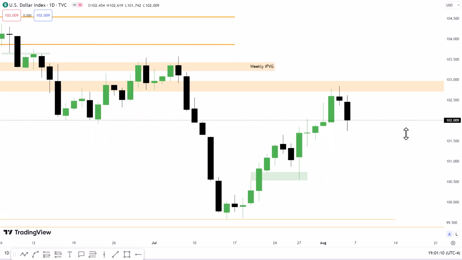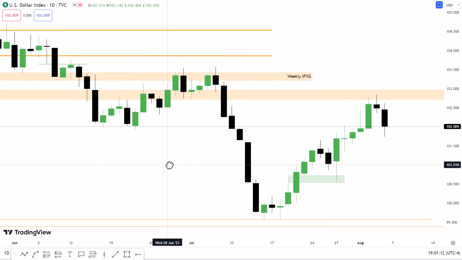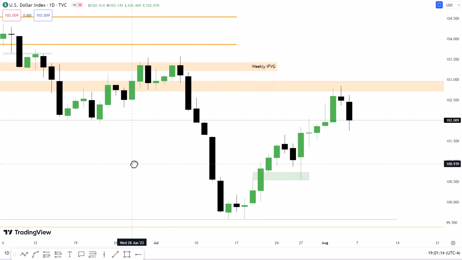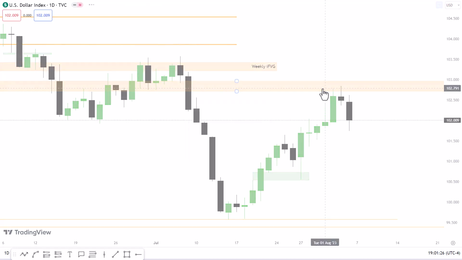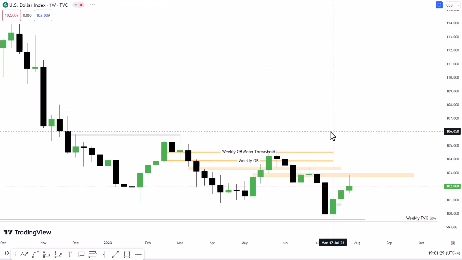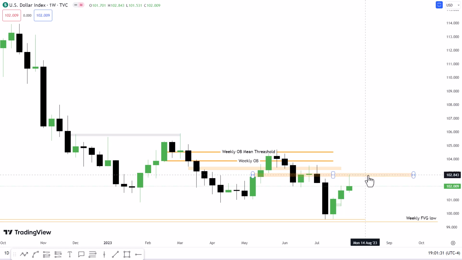So here's our daily chart, and I want to quickly go back to the weekly so that you understand this. This pink shaded area is the weekly inversion fair value gap. I want to go back to the weekly so that you quickly see that. So this is the inversion fair value gap.